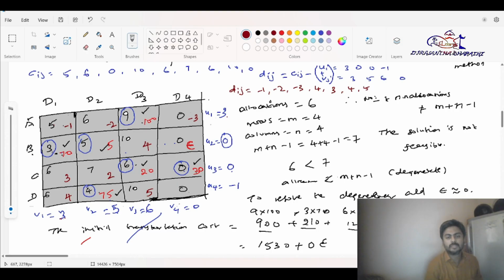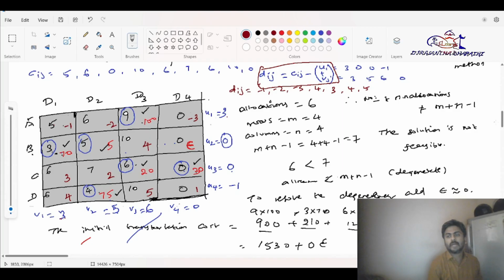Finally, 0 minus minus 1 will be plus 1. So you know the formula: dij equals Cij minus (ui plus vj). These are the dij values. Please note that the dij values should always be greater than 0, not negative.